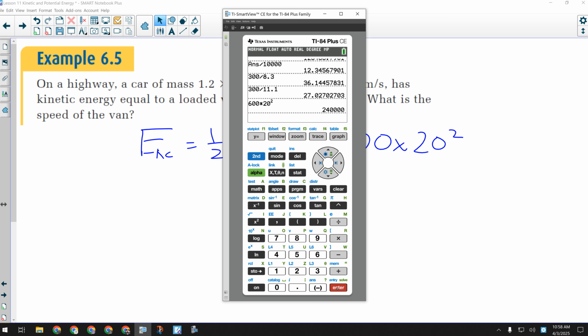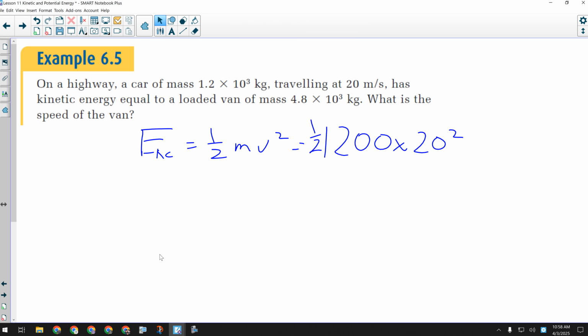Okay, so that car and the van have 240,000 joules worth of energy. Now, I want to figure out how fast the van is going. So I want to solve for the speed of the van. I'm going to divide both sides by 1/2 the mass of the van.